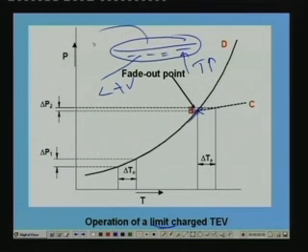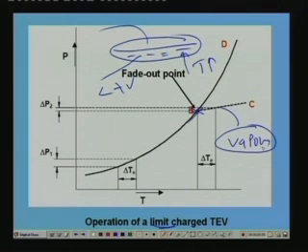Once all the liquid evaporates, you have only vapor in the feeler bulb. That means from this point onwards, the pressure variation will not be along this saturation curve line, but along this line. This line corresponds to the pressure rise because of the temperature rise only, not because of evaporation or anything. And you find that during this portion, the rate of change of pressure with temperature is much smaller compared to this one.